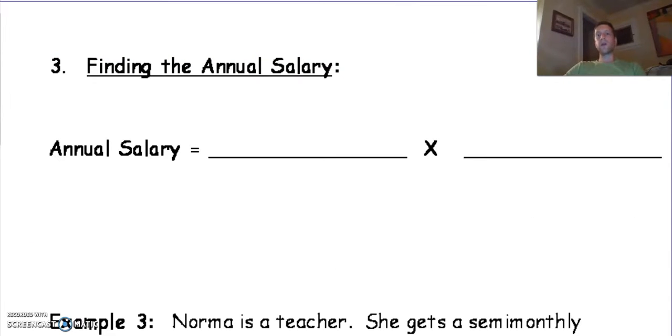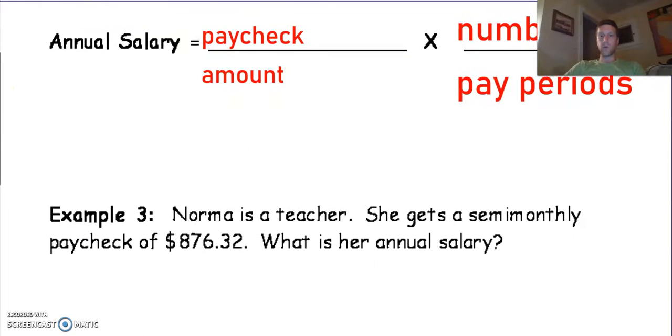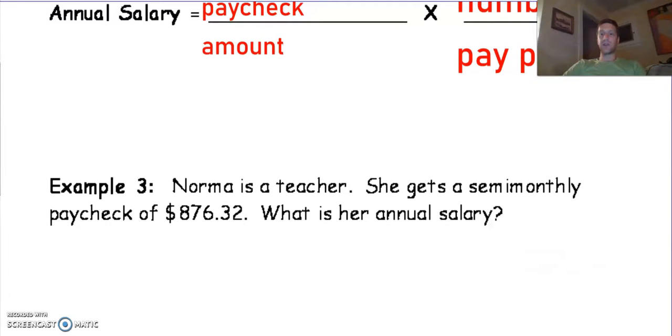So we can go the other direction as well. If we know the amount of your paycheck and we know how many pay periods, we can calculate the annual salary. So we're going to be multiplying on this one. We take the paycheck amount, multiply by the number of pay periods, and we can figure out someone's salary just from one paycheck, which is pretty cool. So Norma is a teacher. She gets a semi-monthly paycheck of $872.